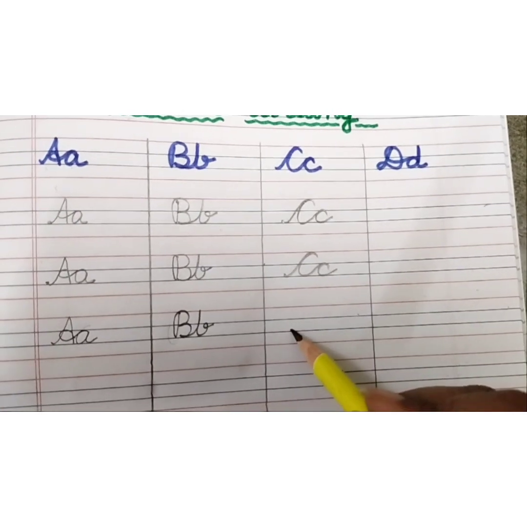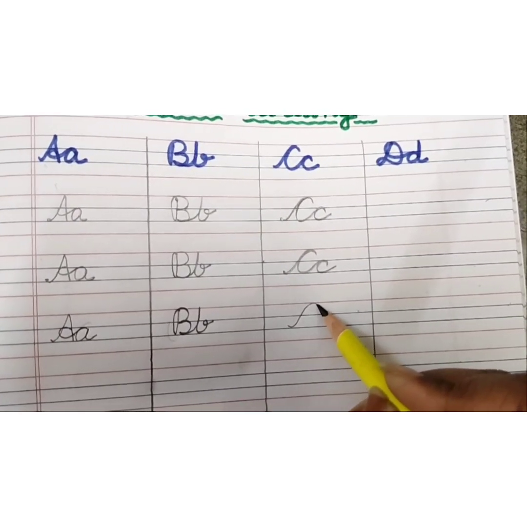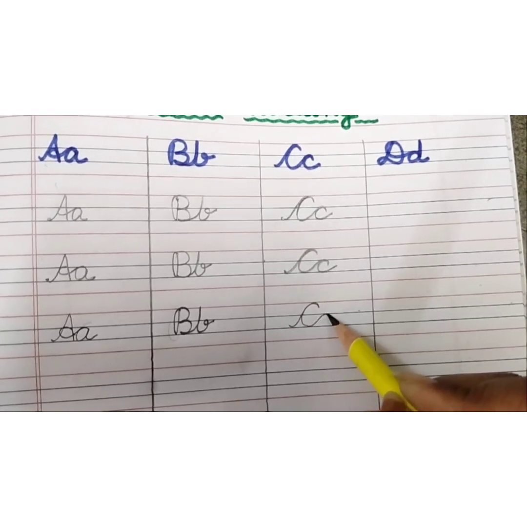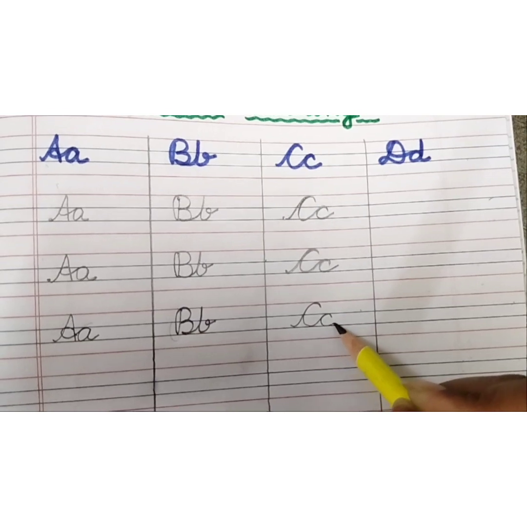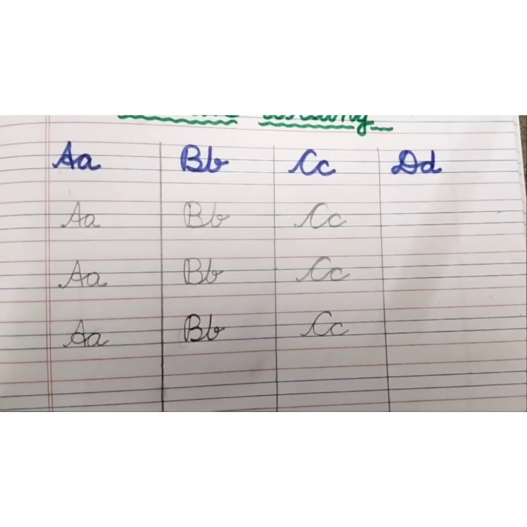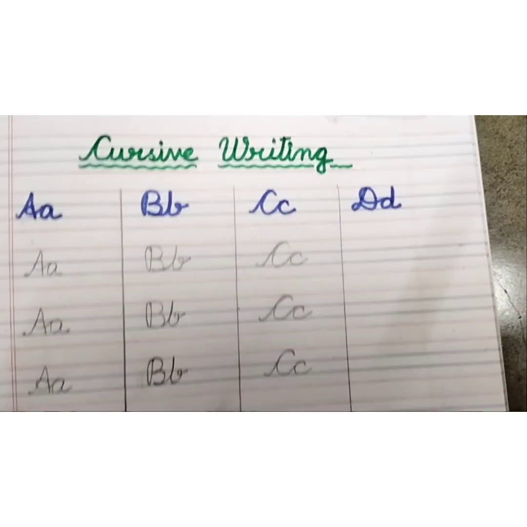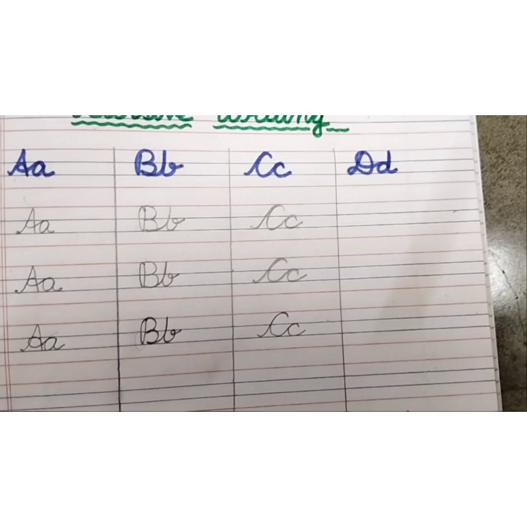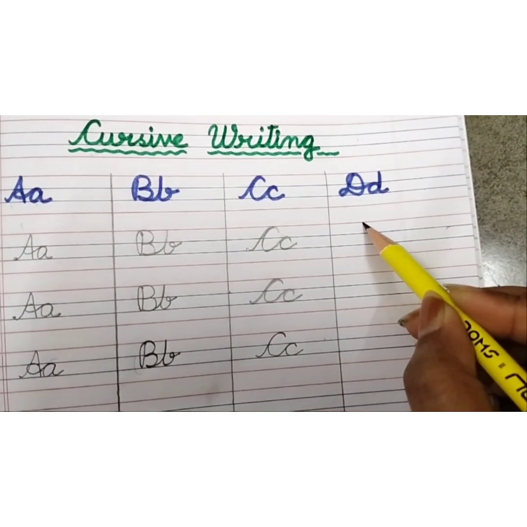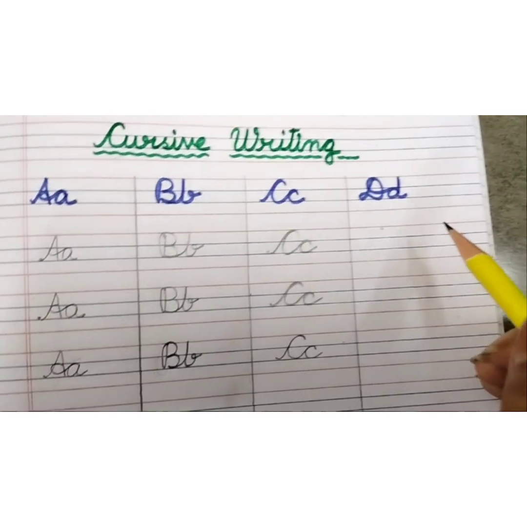Now again you follow me. How nicely I have written? In this way, you also have to write. Now, let me show you how to write D. For writing D, this one is our starting point.